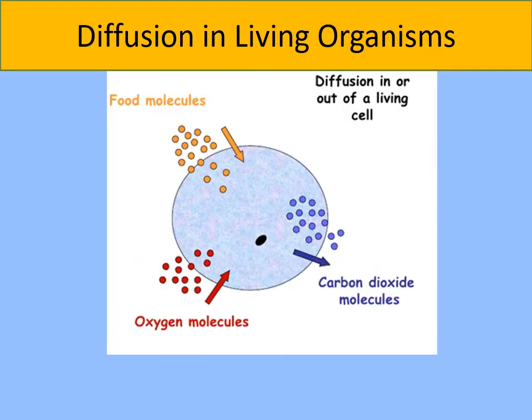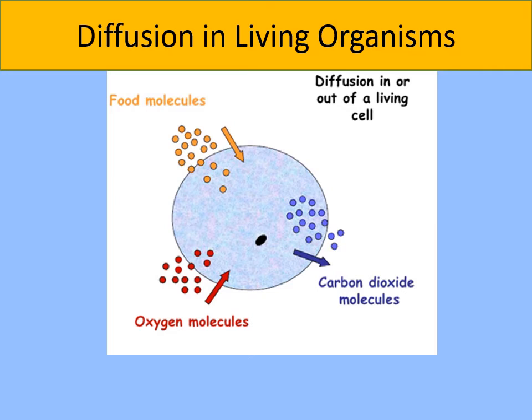Here we imagine that this little circle is a cell of an animal. Oxygen molecules need to get into the cell. This will help in respiration. Food molecules also need to get into the cell for respiration to take place and release the energy that's required. As you can see at the moment, there are a lot more oxygen molecules on the outside of the cell.